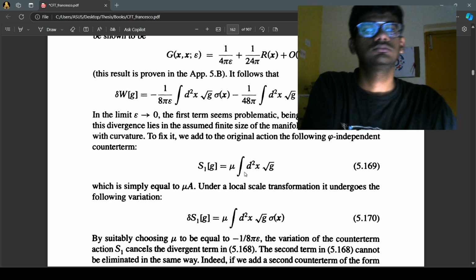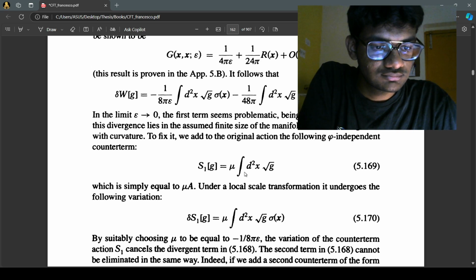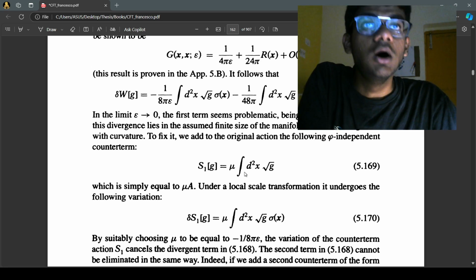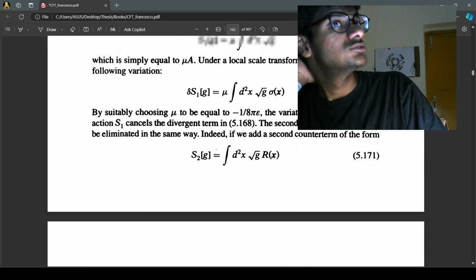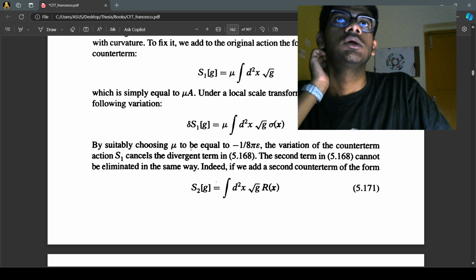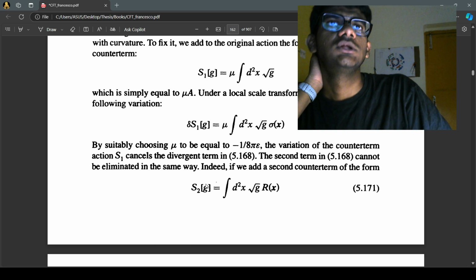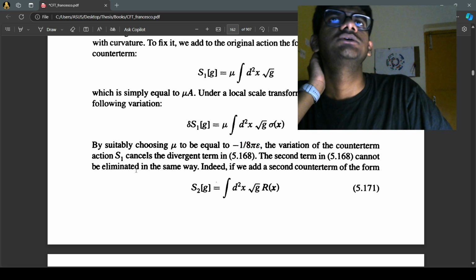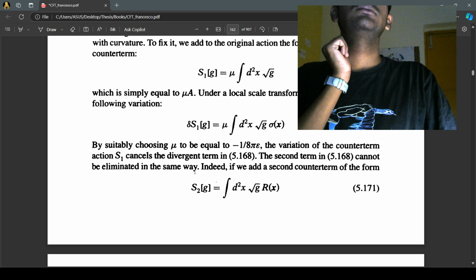Under the local transformation we have the following variation, delta S1 equals mu delta A. By suitably choosing mu to be equal to minus 8 pi, the variation of the counter term action S1 cancels this term. The second term in 5.168 cannot be eliminated in the same way.